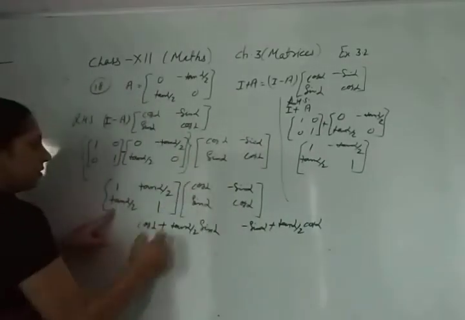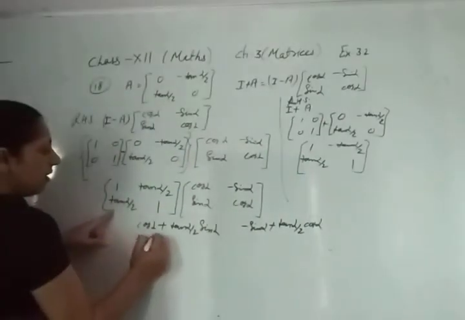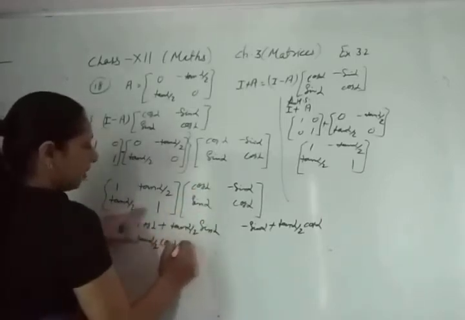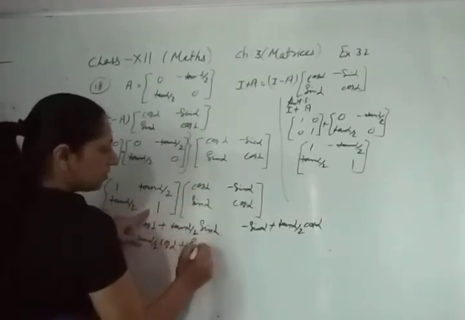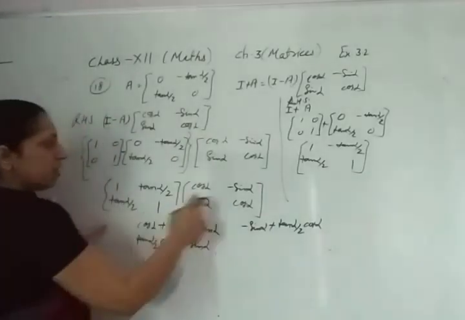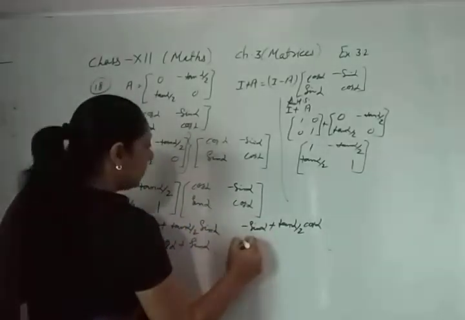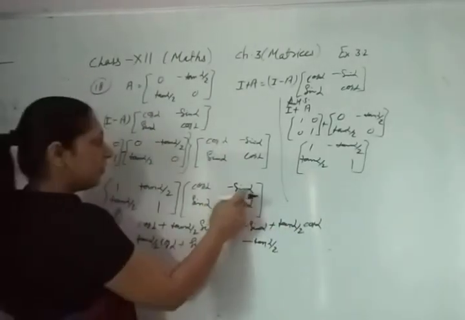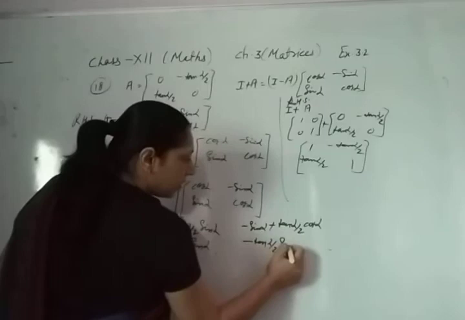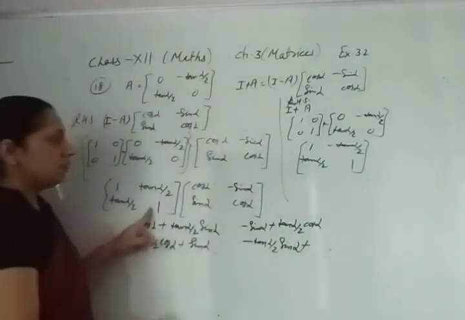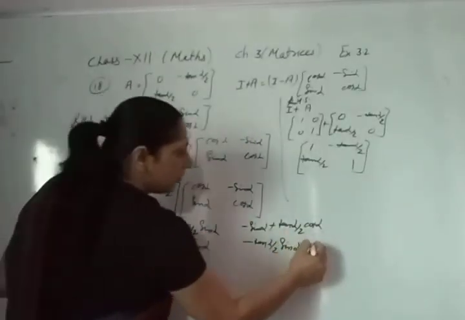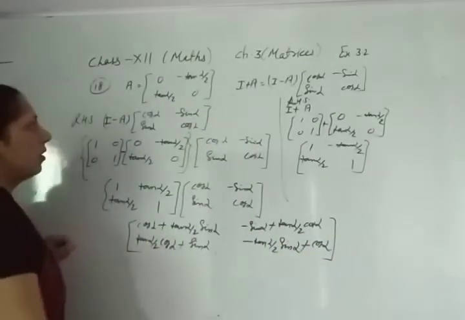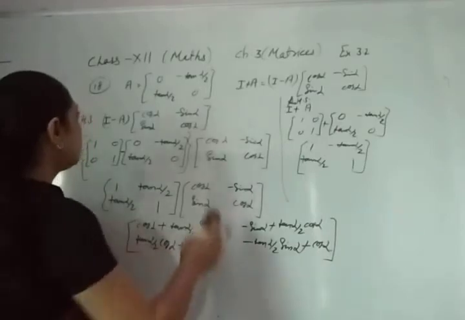Now second row, first column, 10 alpha by 2 cos alpha plus 1 into sin alpha. Now second row, second column, minus 10 alpha by 2 times minus 10 alpha by 2 sin alpha plus 1 into cos alpha, that is equal to cos alpha. Now I am going to solve this.